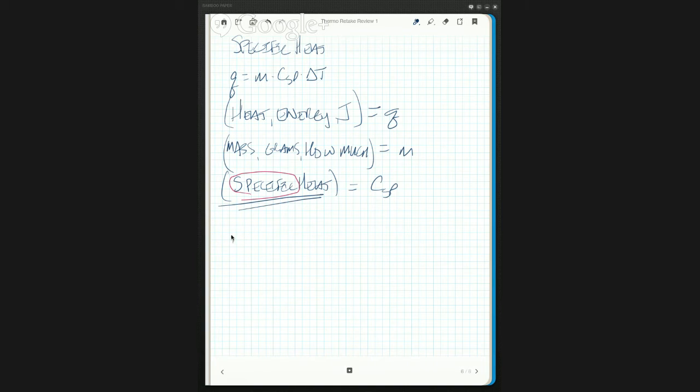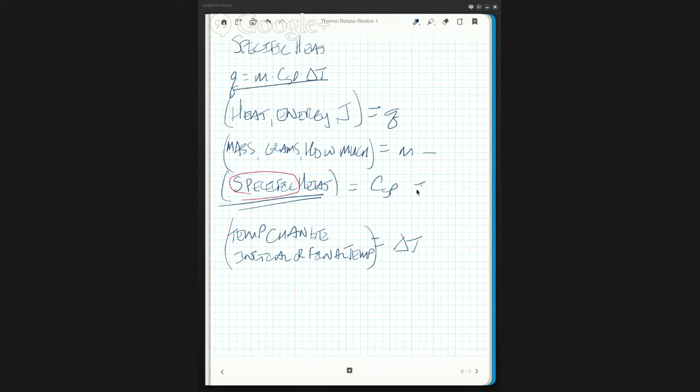And then finally, if they're looking for temperature change, if they're looking for initial or final temperature, that's pretty much a dead giveaway that you're going to be dealing with delta T. And if you remember, if you're solving for Q, it just looks like this.